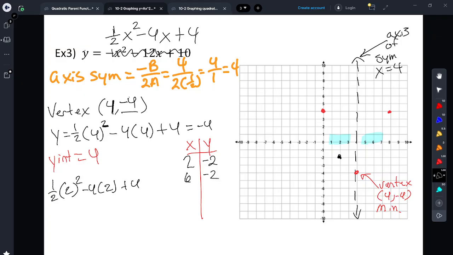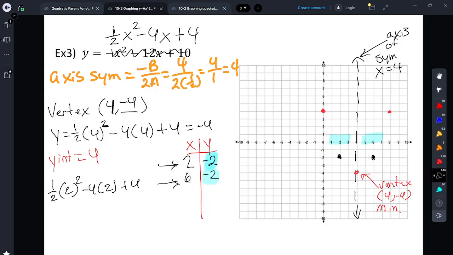Now let me show you something cool. There's a bonus piece. If you see 2 points on the same y, then you know those 2 points are reflections of each other, right? I've seen this asked before on tests, and people don't know how to do it, but it's so easy.